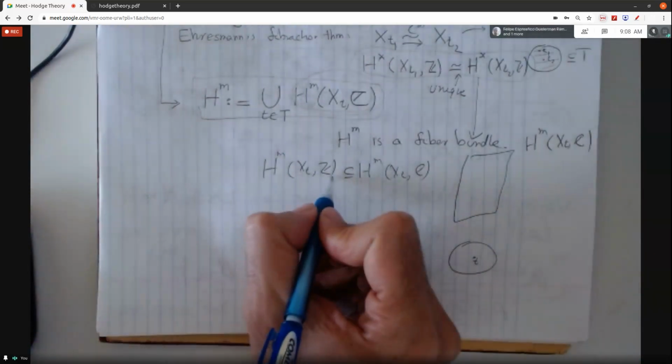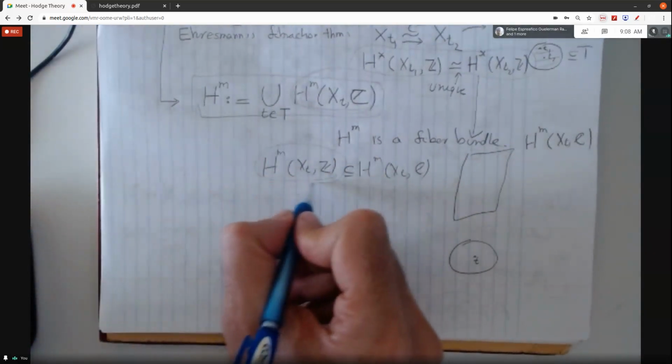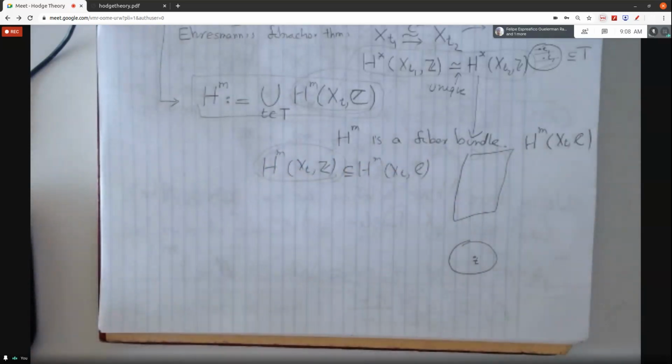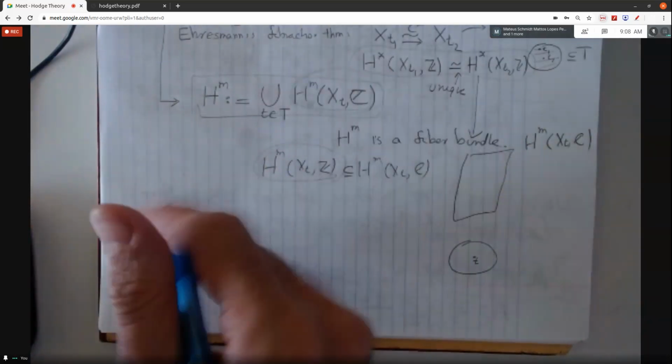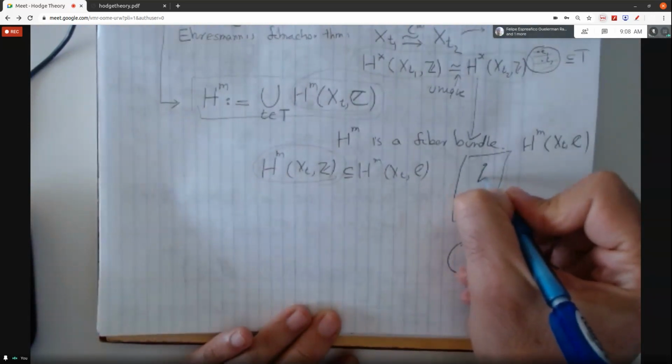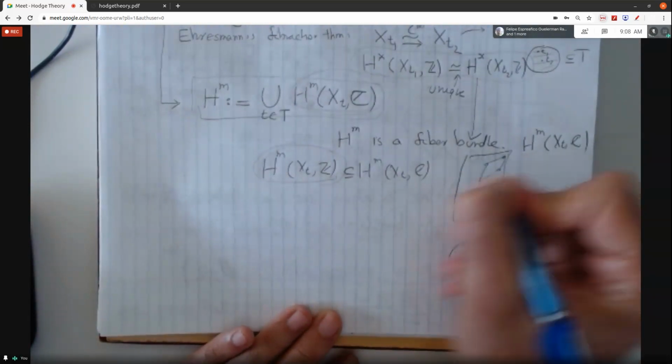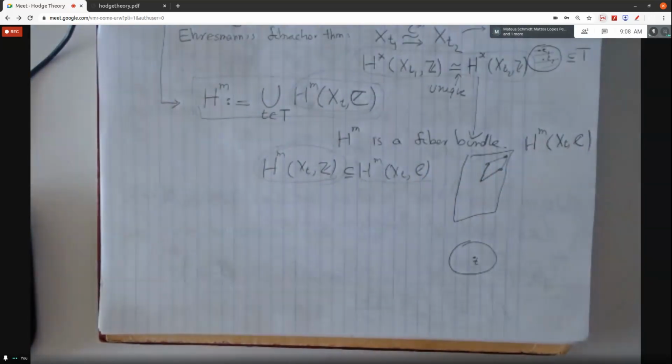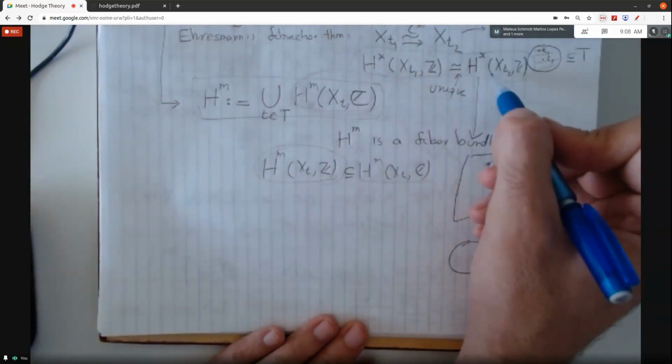From now on I will forget torsions, and all the cohomology that I'm considering is up to torsion. So this is a kind of lattice inside this C vector space, and these isomorphisms are unique.